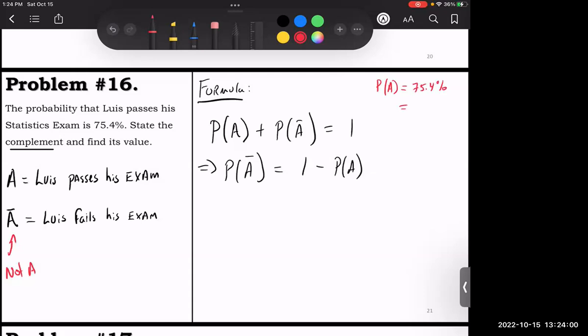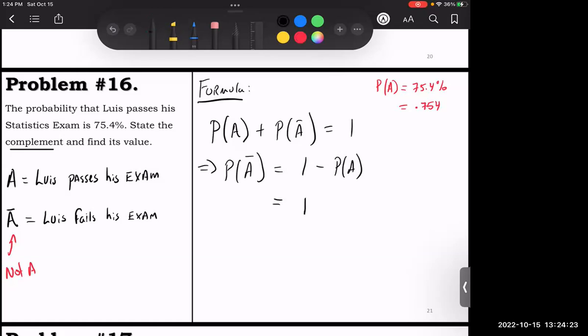But you need to write that out first as a decimal. So what's 75.4% as a decimal number? 0.754.